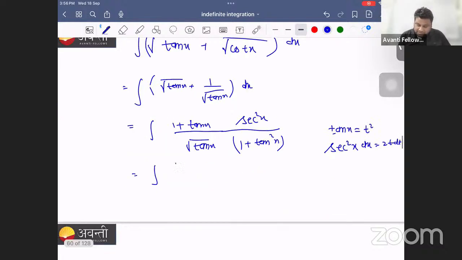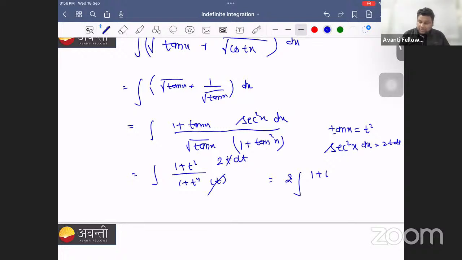So it is 1 plus t square upon 1 plus t to the power 4. In the denominator it is t, and sec square x dx will be 2t dt. These t's cancel. So you are left with 2 integration 1 plus t square upon 1 plus t to the power 4 dt.